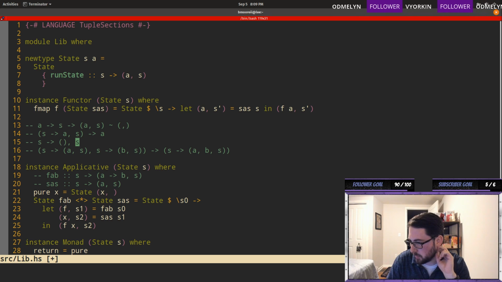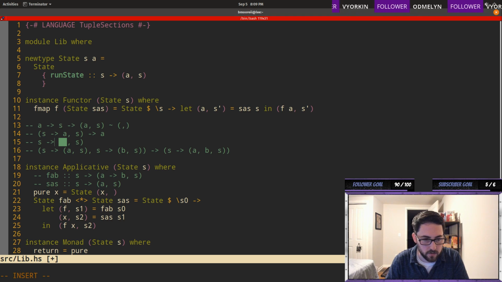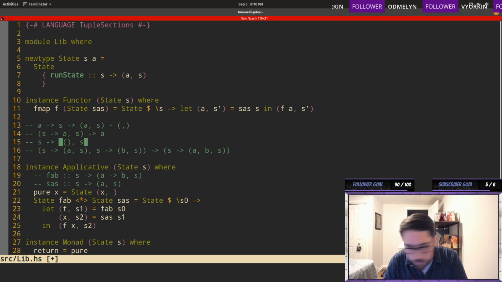This one must be a tuple though, yes? Unless I copied it wrong. Yeah, the only one I want to make sure is correct is this one. Okay, let's check this one.